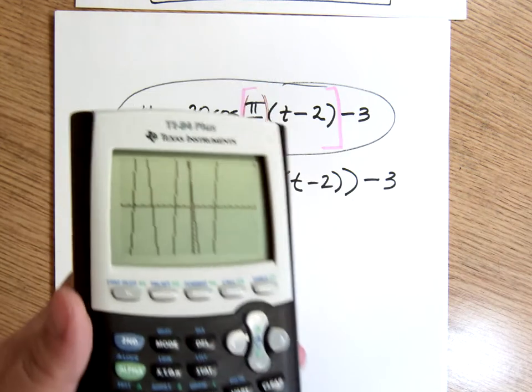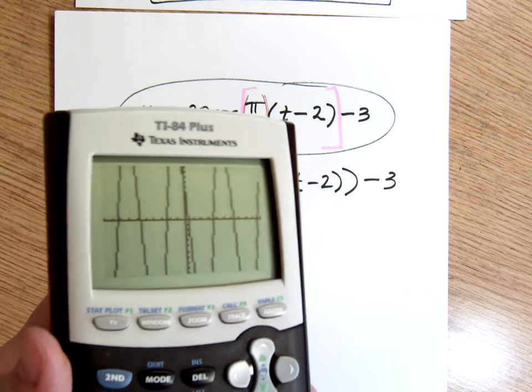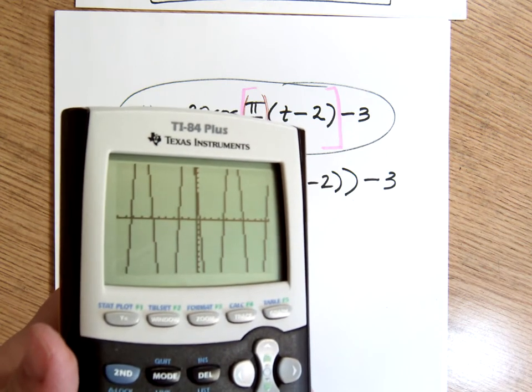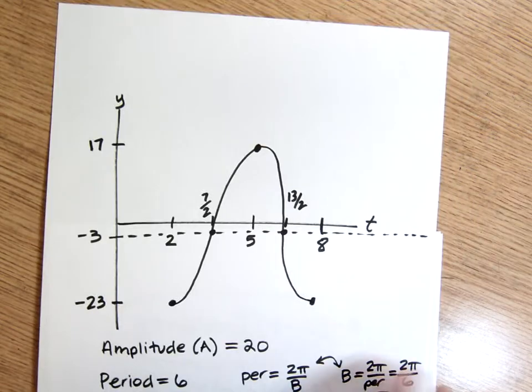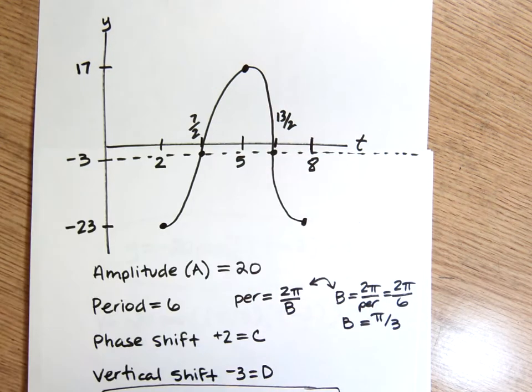So here's my graph. This is not the best viewing window still, so I'm going to change my window. And changing my window comes from what I did right here. I don't need to wait for somebody to tell me magic numbers for my window. I need to figure them out based on what I need to see here.